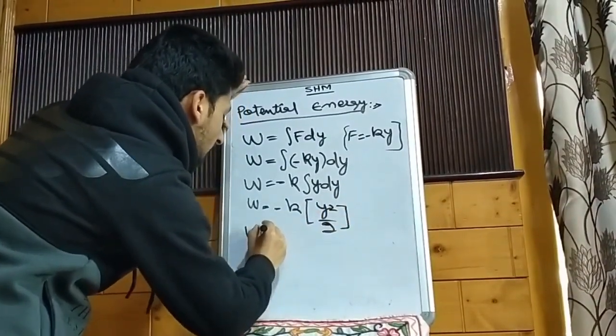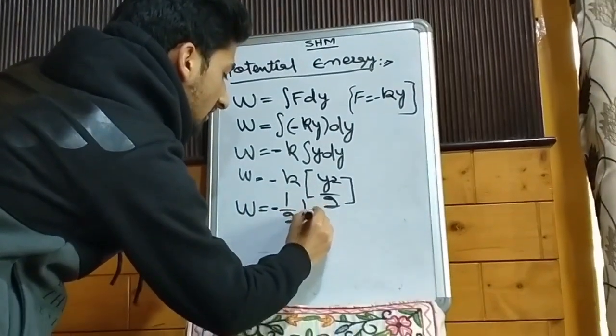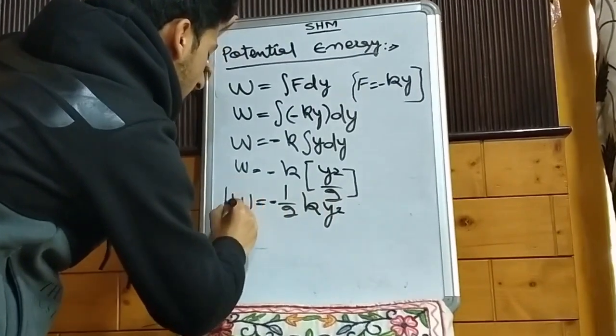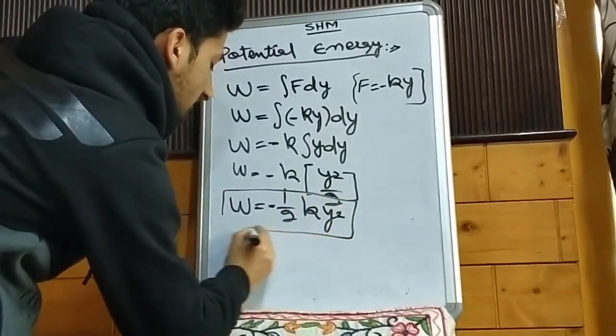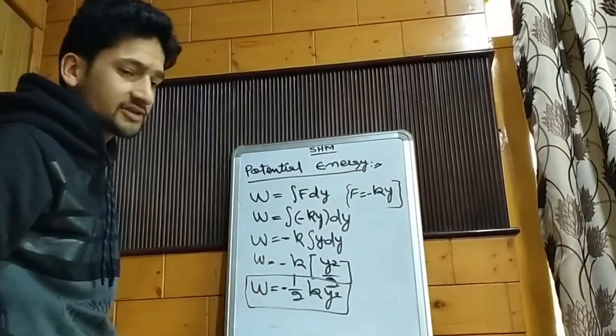So work will be equal to minus half of k y square. So work done in simple harmonic motion is equal to minus 1 by 2 ky square.